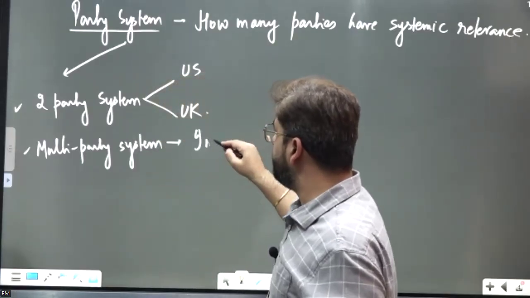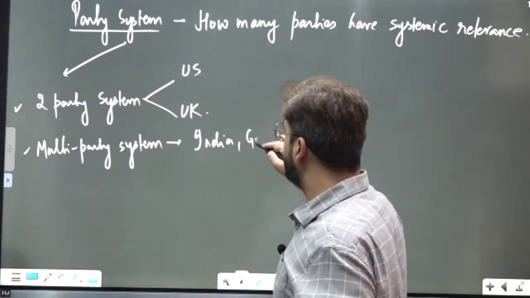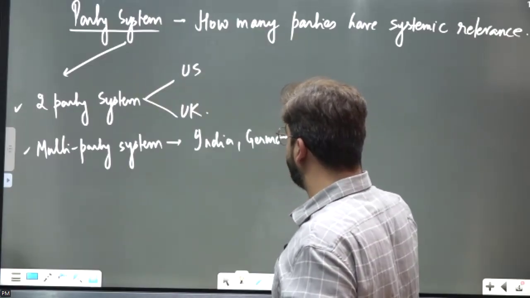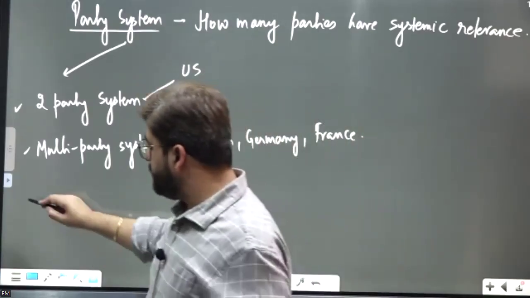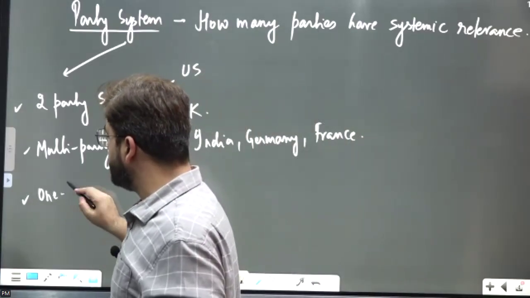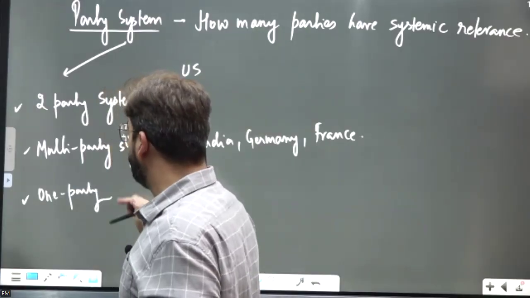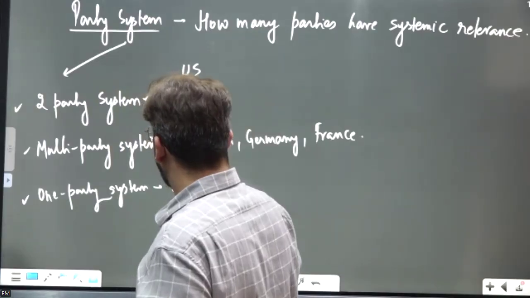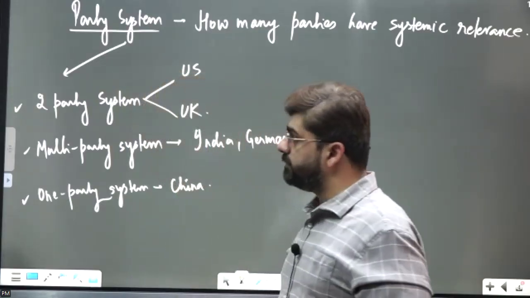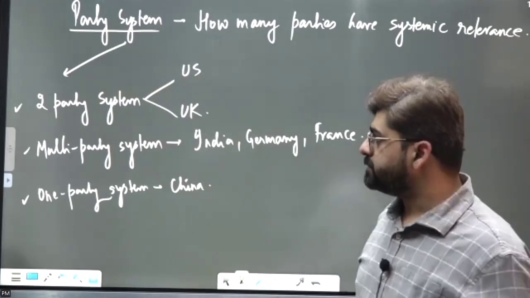These are examples of multi-party system. Why? Because multiple parties have systemic relevance. There can be something called a one-party system also. Here we will place China. So that's how we have party systems.